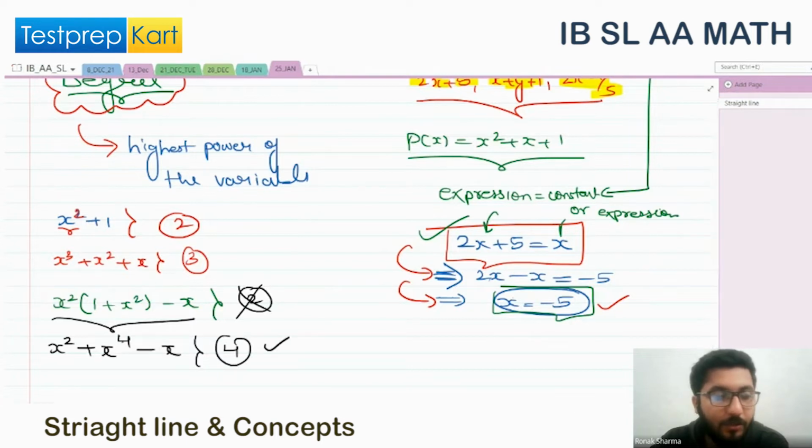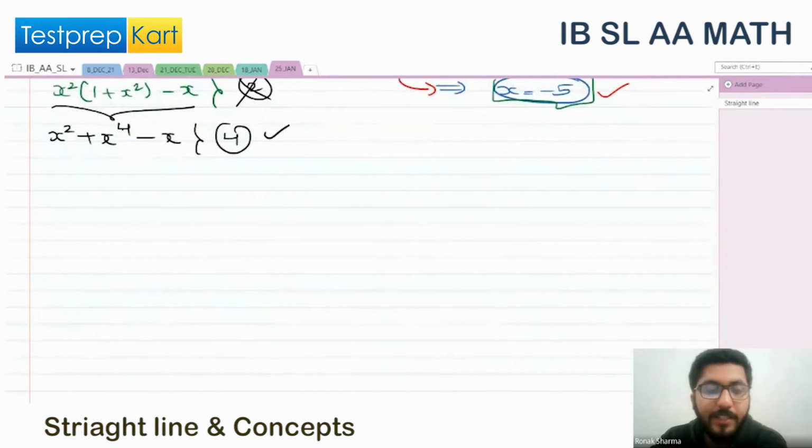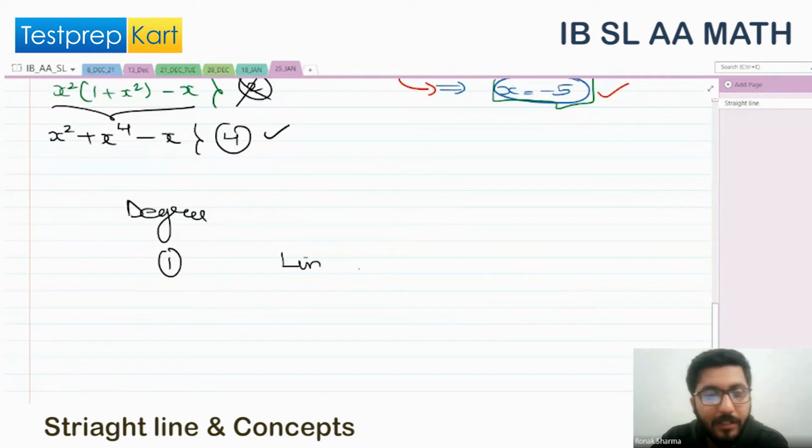So we always need the simplified expression to tell the degree. Now on the basis of different degrees, we decide the nature of the equation. Let's say if degree is 1, then the equation is said to be linear in nature. When the degree is 2, we say that the nature of the equation or expression is quadratic. When the degree is 3, we say that the nature is cubic.